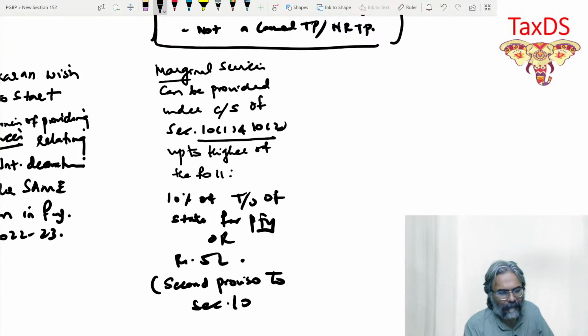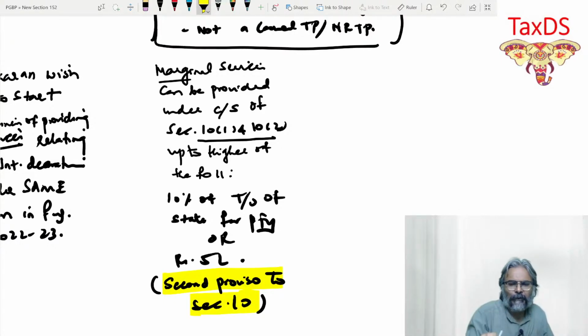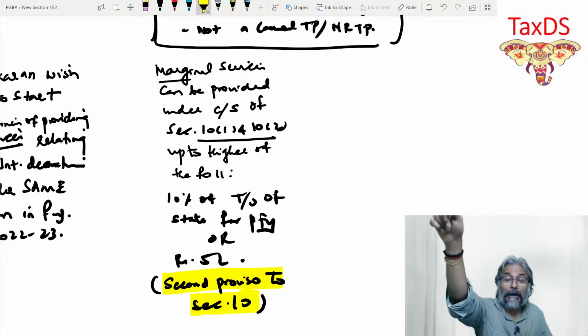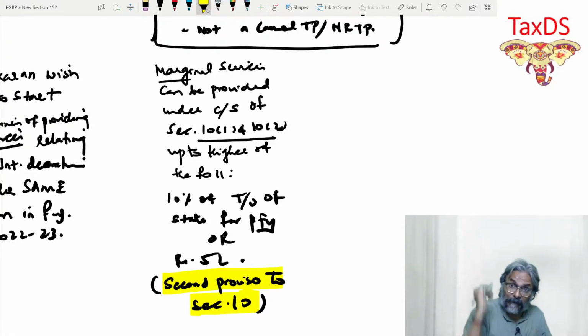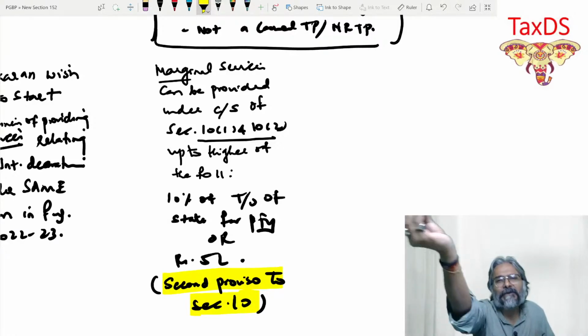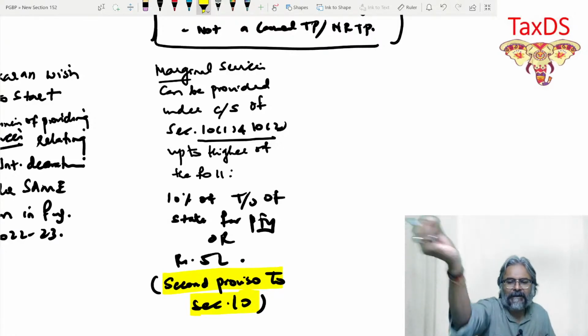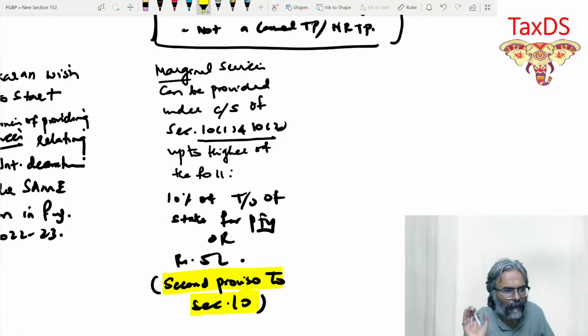If you can write, you can write; otherwise, you can skip this part. Not an issue. This provision of marginal service available in 10(1) and 10(2) is given to you in the second proviso to section 10. So I'm just giving you the citation where this law of the marginal service is. I hope that all of you are clear with this one.